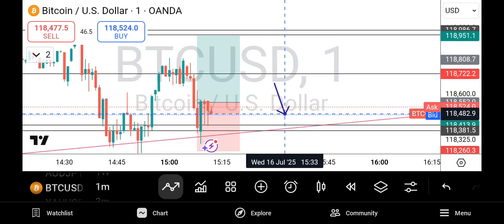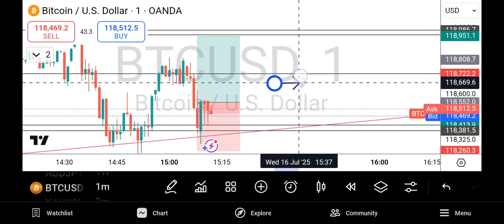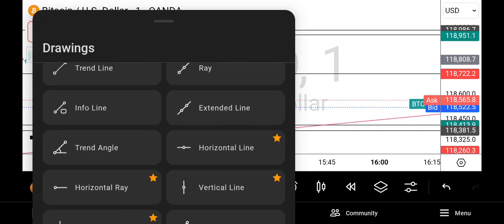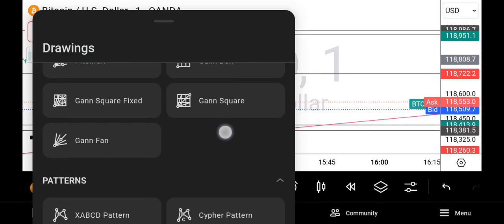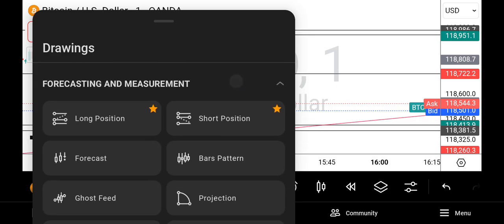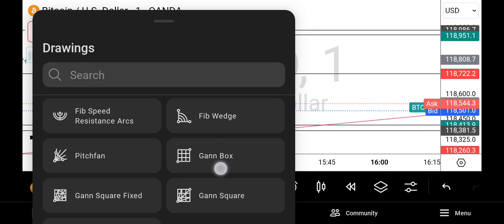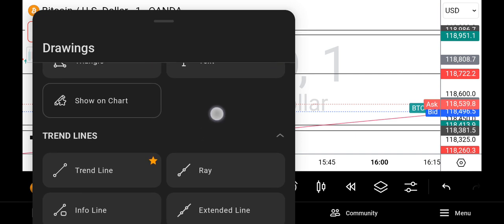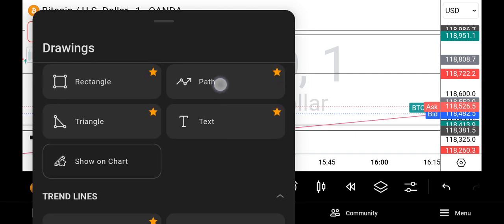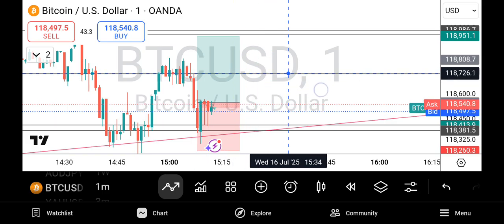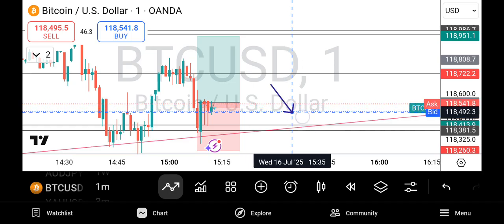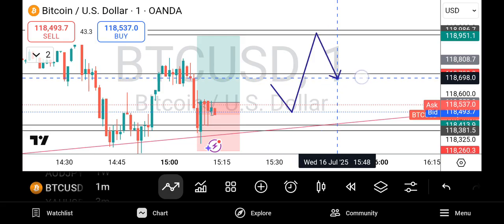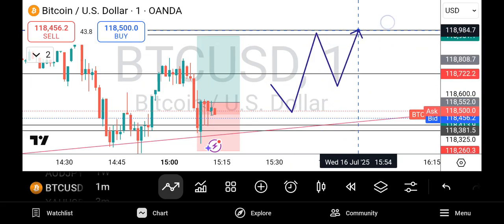So let's say in the 1 minute, when I come to the 1 minute, looking for something. I come again, watch where I'm placing. That's market structure.